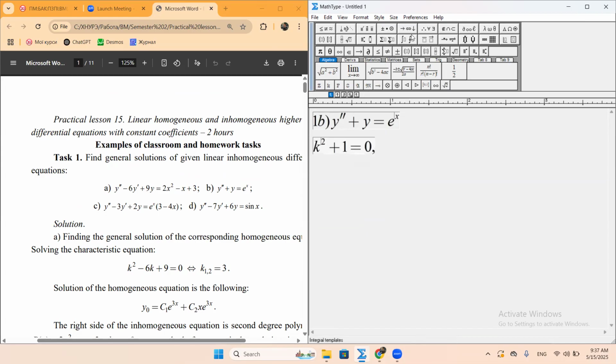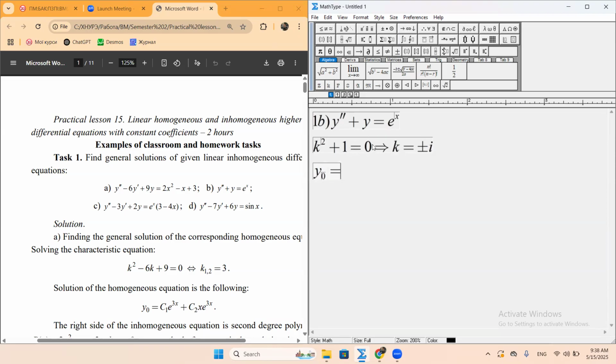And here we can find that k equals plus minus i. So we have complex numbers, plus minus i.